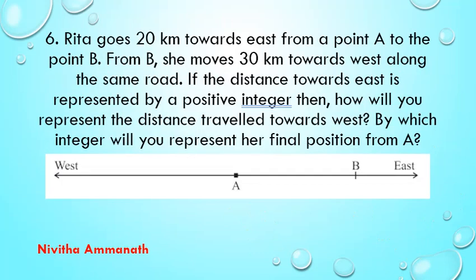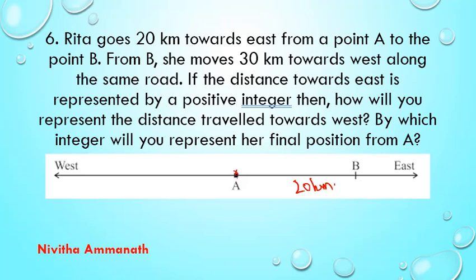Rita goes 20 km towards east from a point A to B. Here it is A and here it is B. Here is east. So, Rita traveled from A to B. How much? 20 kilometers.